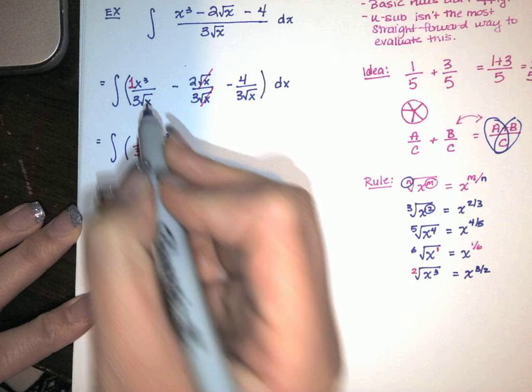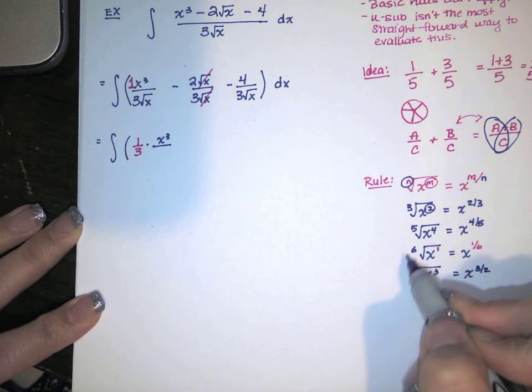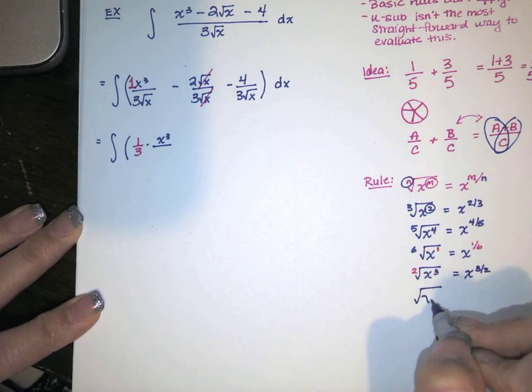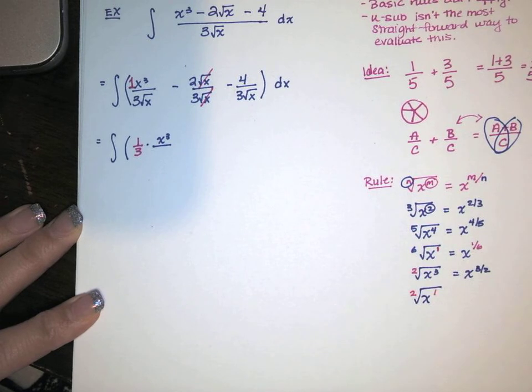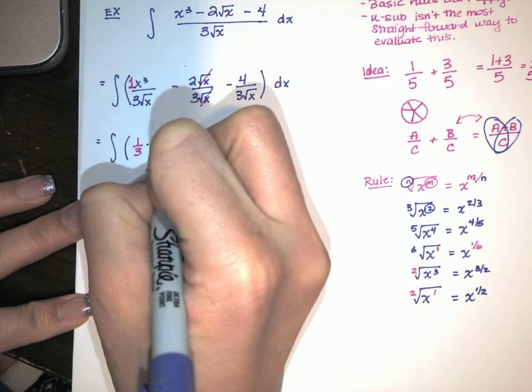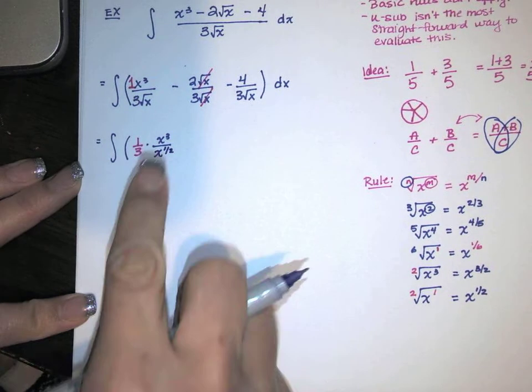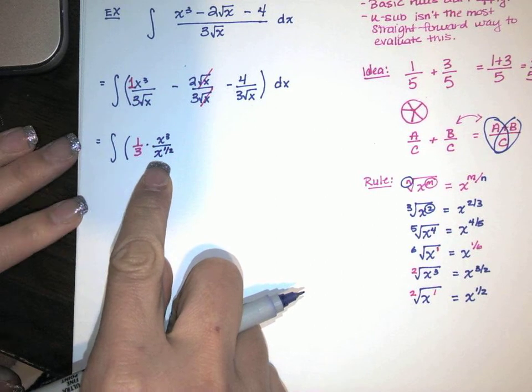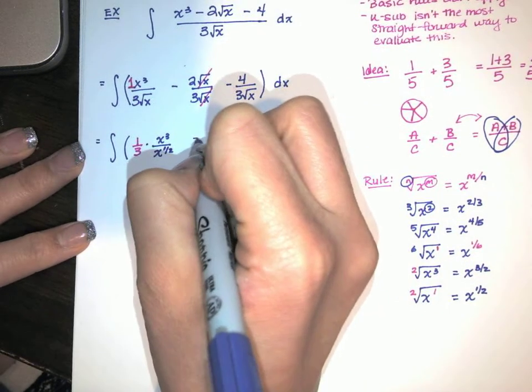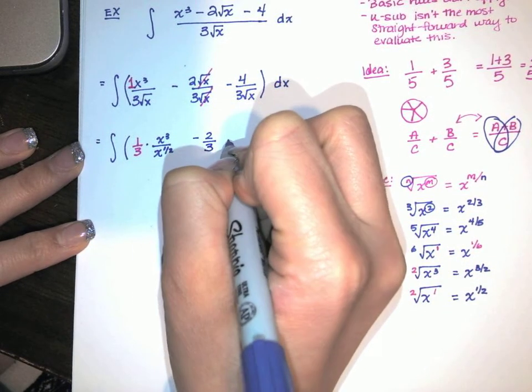And for our square root of x, that's combining just these 2 cases. You've got an implied 1 and an implied 2, so that's going to be x to the 1/2 power. So that goes here. And we're going to use exponent properties to simplify that in a little bit so we can use our basic rules. Then I have a minus 2/3 in the middle.